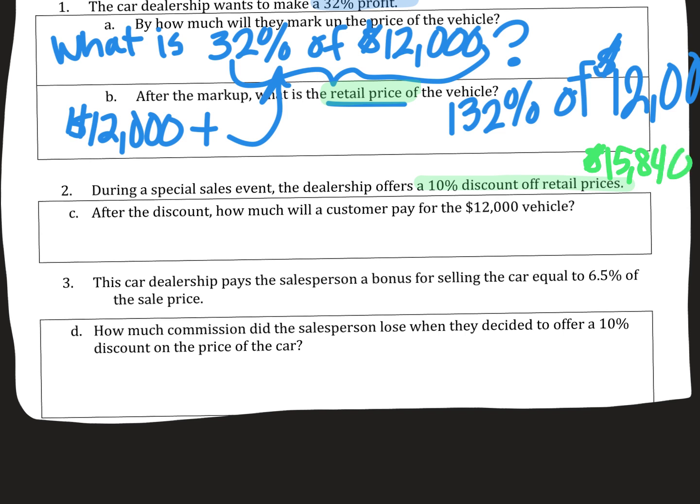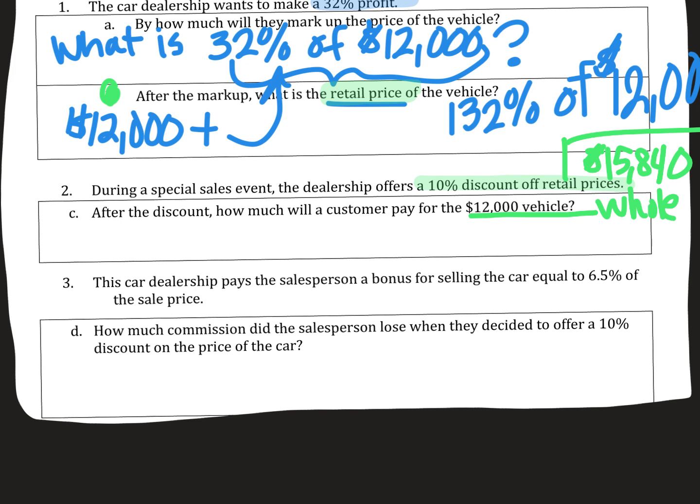So they're saying, what would the price of the vehicle be 10% off retail? So it says, after this discount, how much will a customer pay for the $12,000 vehicle, meaning the $12,000 wholesale, okay? Not very well stated.